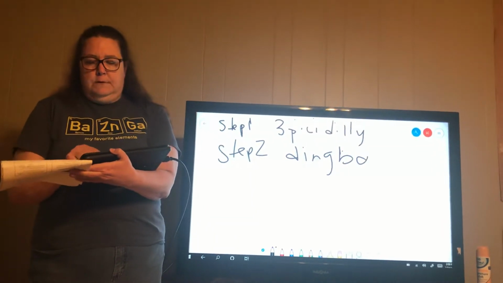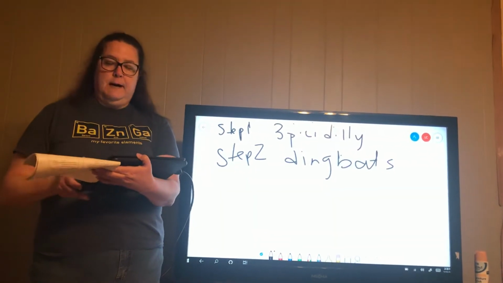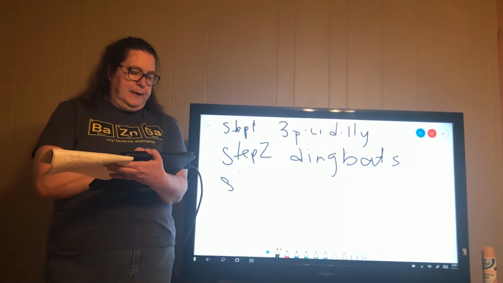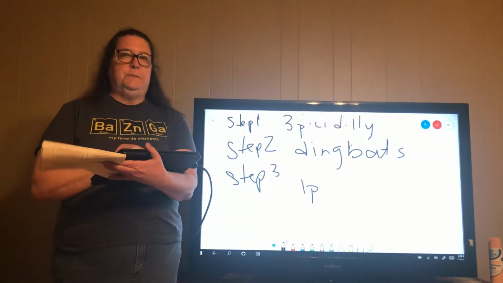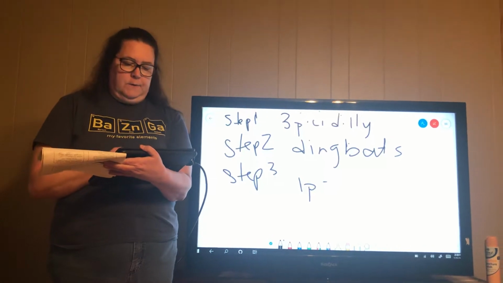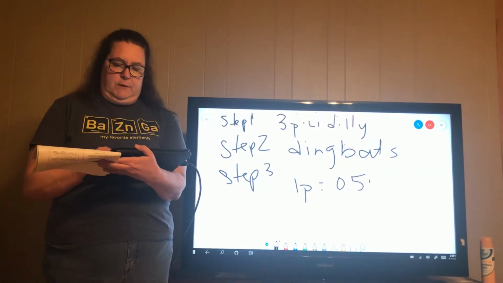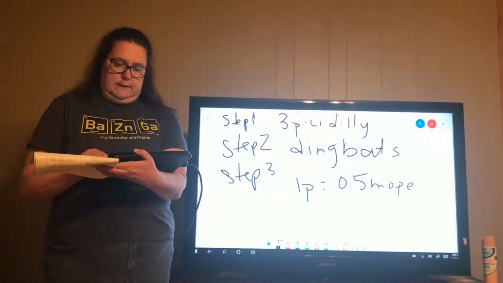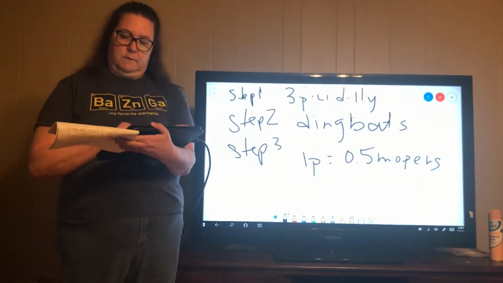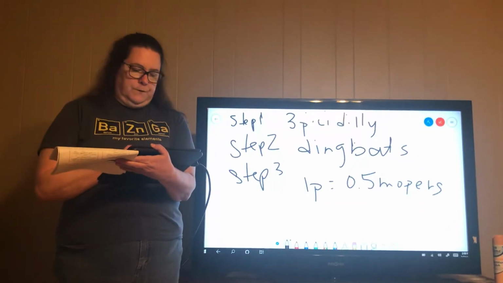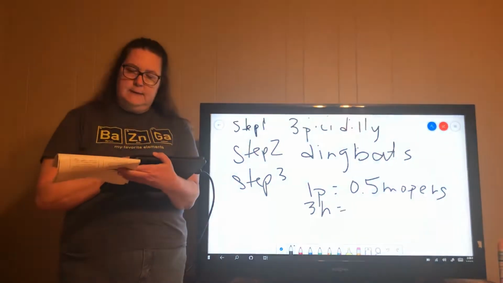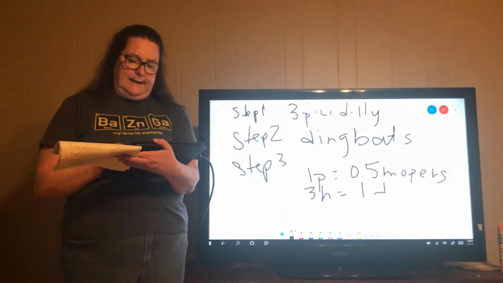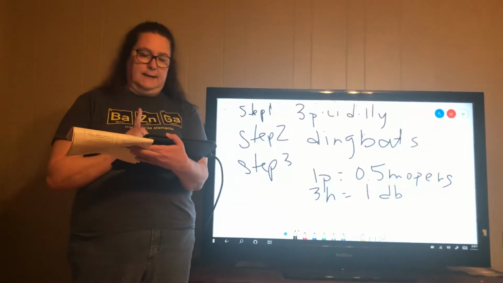And so the PowerPoint gives me step 3, where it says 1, and I'm just going to use P for Piccadilly, equals 0.5 mopers. 3 hedgehogs, and I'll just say H for hedgehogs, equals 1 dingbat, that'll be dB, not decimal.